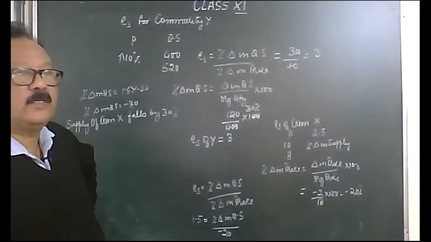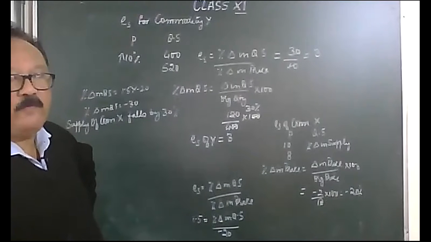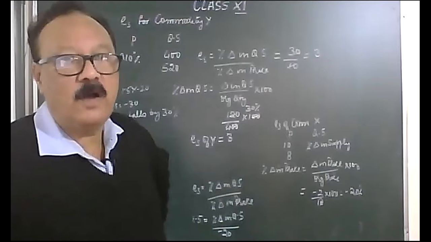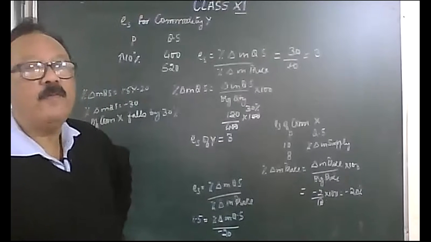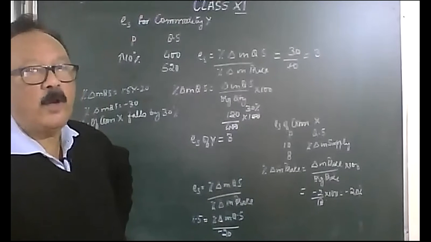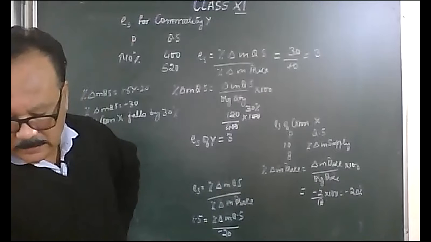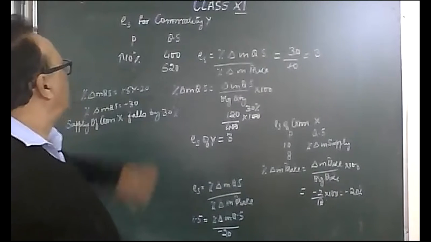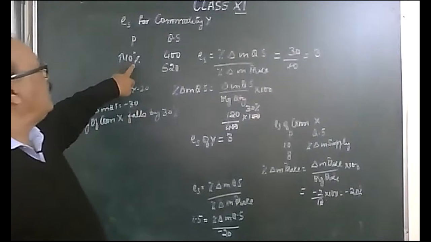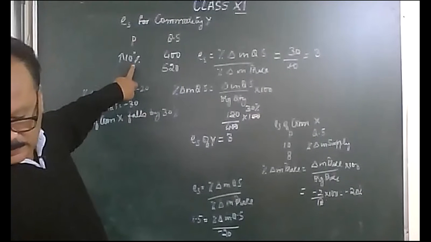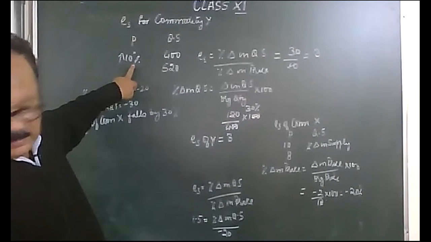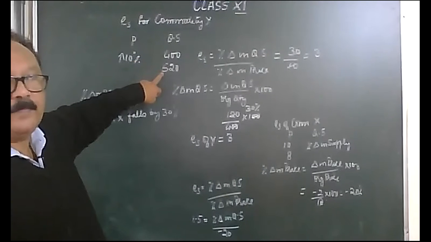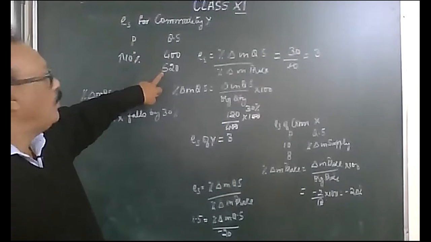We don't know X, and we'll have to find out Y first to find out the elasticity of supply of X. So what do we know about Y? Y says a 10% rise in the price gives a rise in the supply from 400 to 520. This is what we are told about Y.